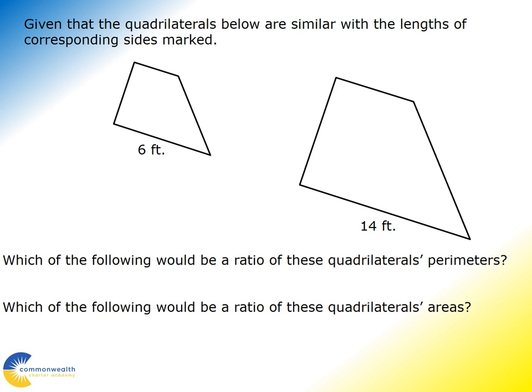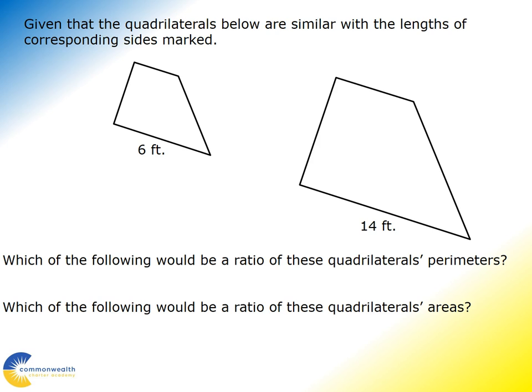And that's what sometimes will let me answer the question. If I know the area of one of the figures, I can figure out the area of the other one without having to go through a long process of finding all the pieces that I need to use the formula. So for this instance here, they just want us to write a ratio of the quadrilateral's perimeters and the ratio of the quadrilateral's areas.